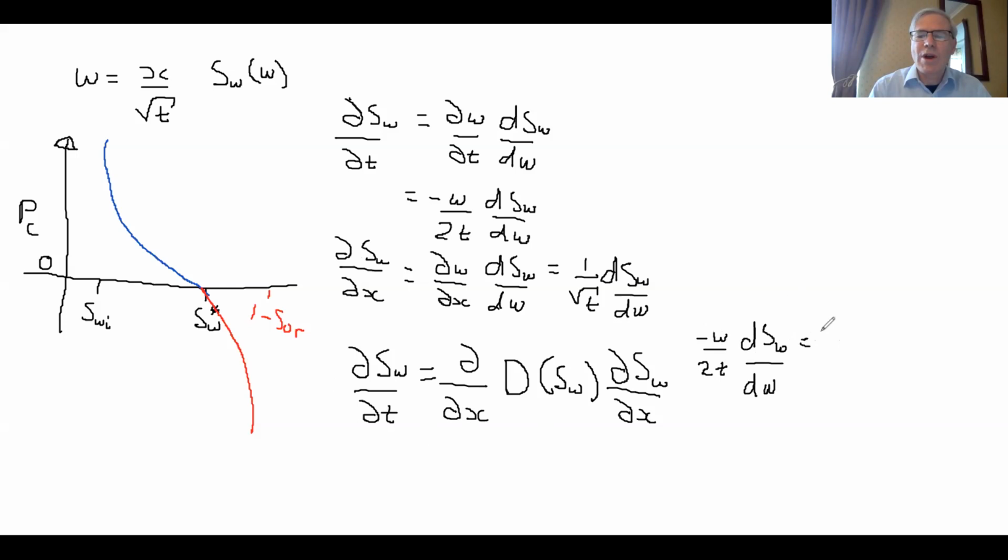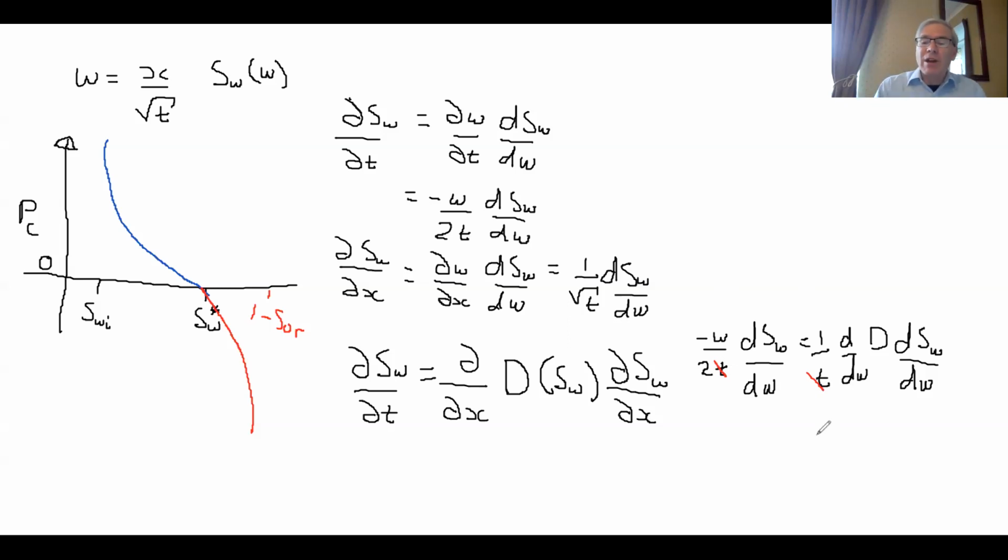And then this is 1 over t, because there are two root t's, times d by dw of D dS by dw. That's the equation you end up with, and that's relatively standard. You can see it's going to work because the t's cancel. If we tried another variable, say just x over t, it wouldn't work. This is why you can do this as a diffusion equation, because these t's disappear.